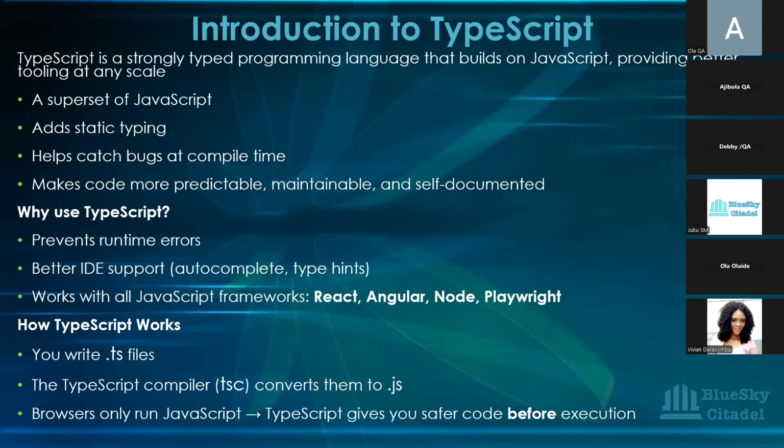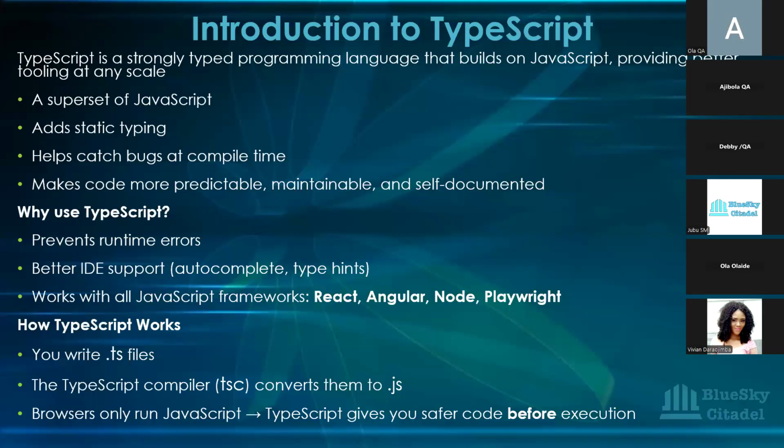And in the world of AI, if you're working in a TypeScript code base, it's very easy for the AI to analyze it, because it knows that if I put in A, I should be expecting A. If I put in B, I should be expecting B. If I put in a number, I should be expecting a number. It's not that I'll put in a number and then be expecting undefined.